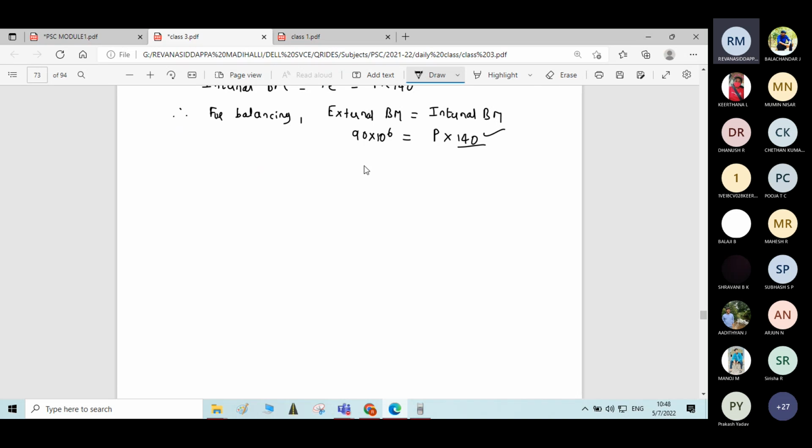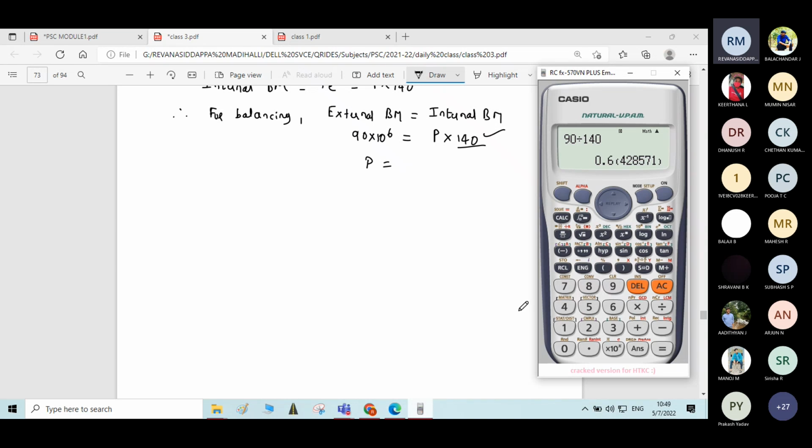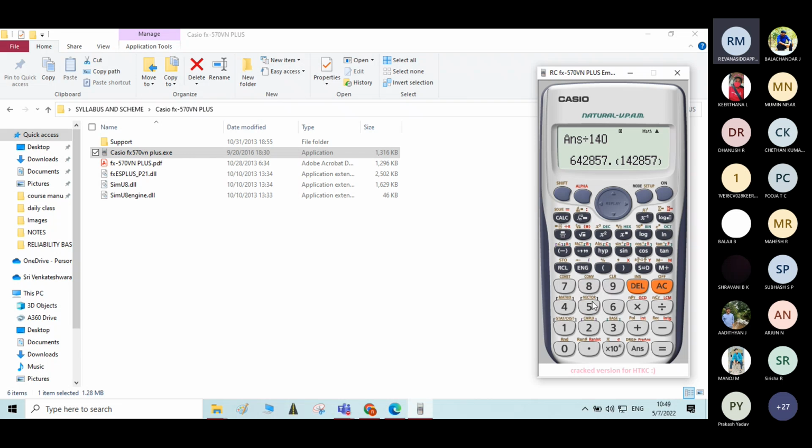What is the answer now? P is equal to 90 into 10 power 6 divided by 140. How much will you get? 642857 Newton, that is 642.85 into 10 power 3 Newton.